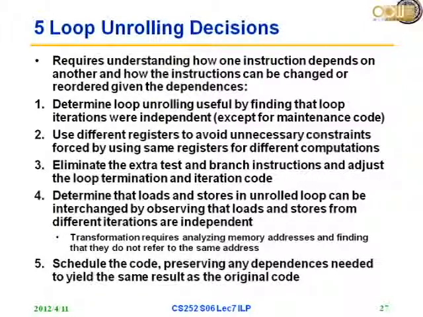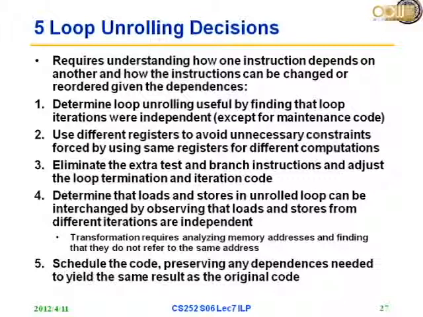Okay? So the issues will be: determine loop unrolling is useful by finding that loop iterations are independent. Sometimes you cannot do unrolling, or doing unrolling will not help you at all, because iteration I is data dependent on iteration I minus 1. Okay? And then use different registers to avoid unnecessary write after read and write after write dependencies.